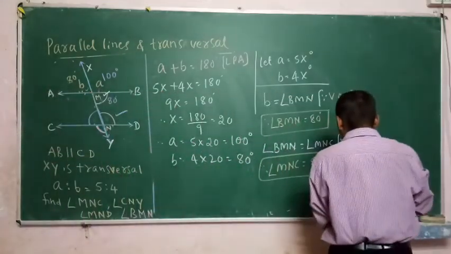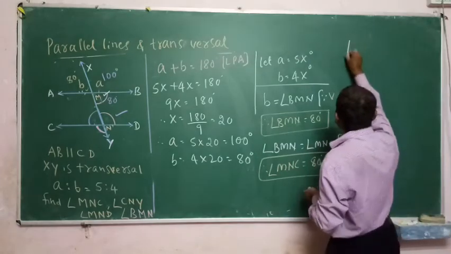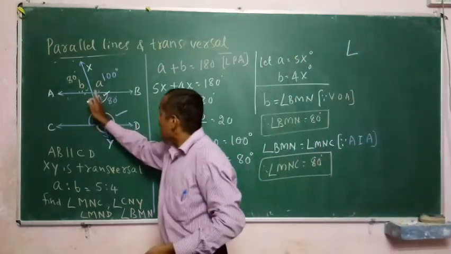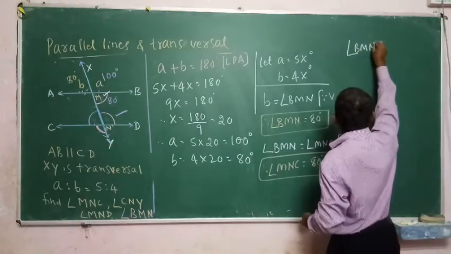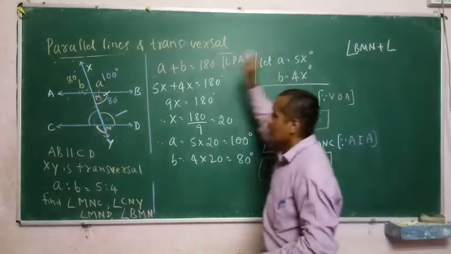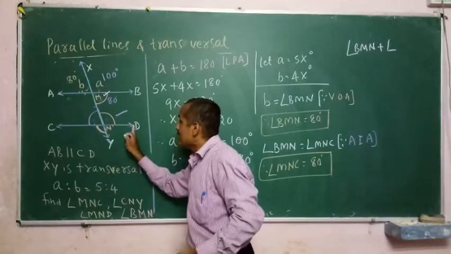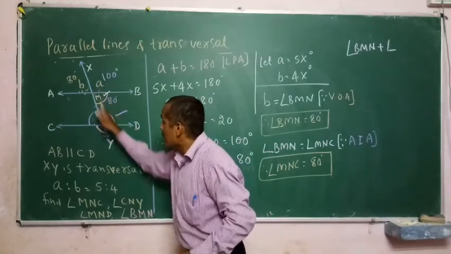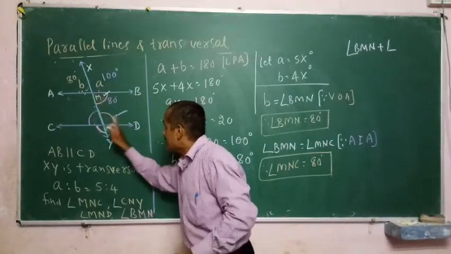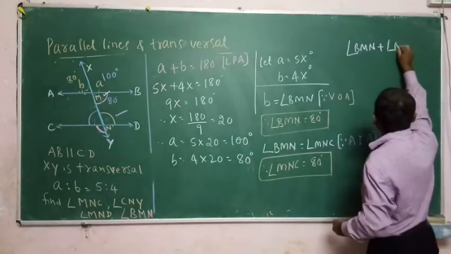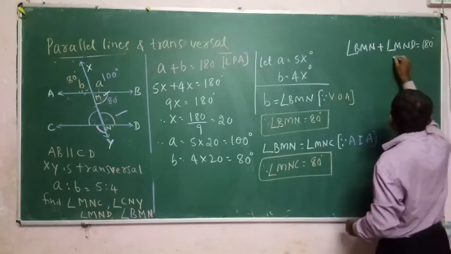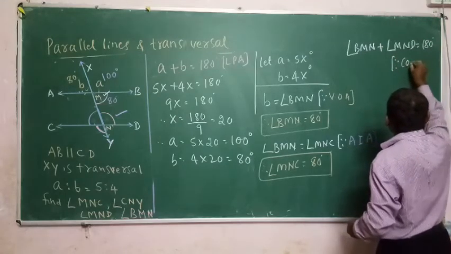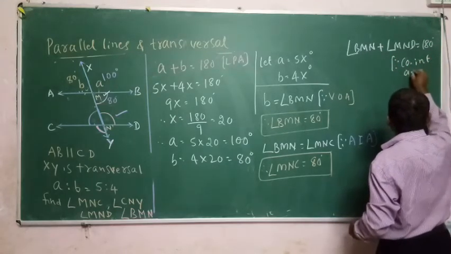How to write? I will write like this. Angle BMN plus angle MND. See, this plus this. BMN, this angle. MND, this angle. MND is equal to 180. The reason? Co-interior angles.